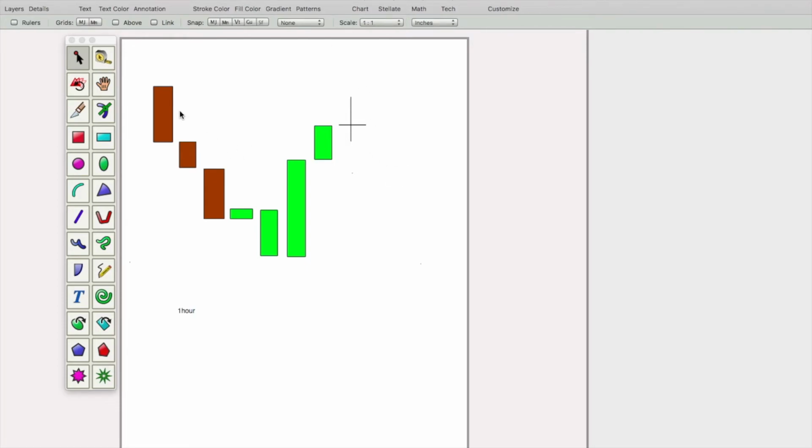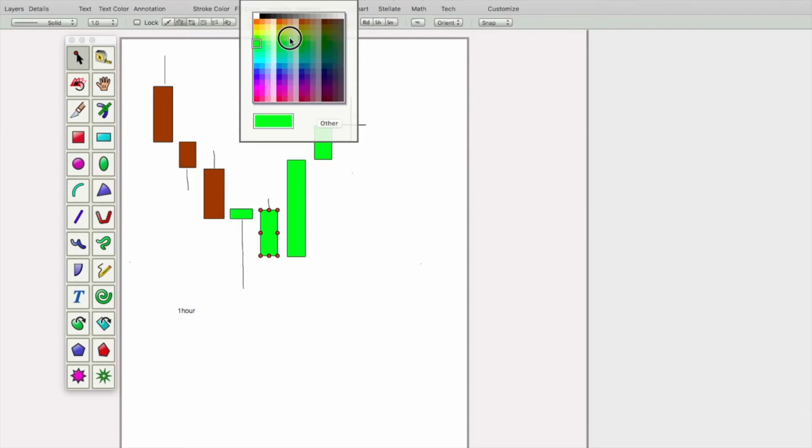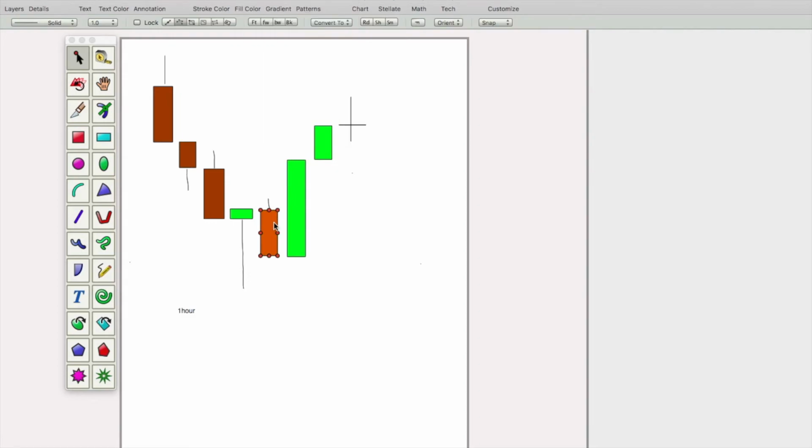I learned so quick. Alright, cool. So let's throw some wicks on these things just to confuse you guys. Nah, you guys got it. There's gonna be no confusion after this video. You guys are gonna be pros at reading candles. It's really easy, guys. Oh, actually, let me make this one red. No, it's gotta be red.